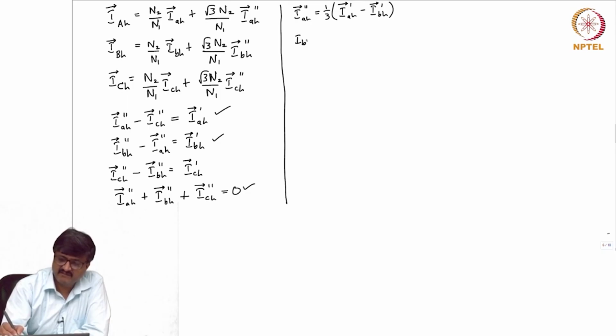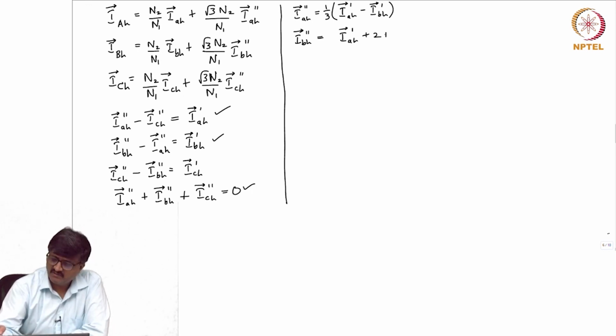Okay. Then did you get IBH double prime? IAH prime plus 2 IBH prime, by 3. Okay, fine. Then ICH double prime.